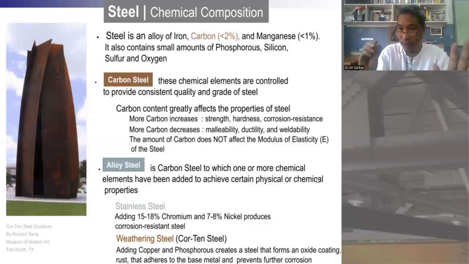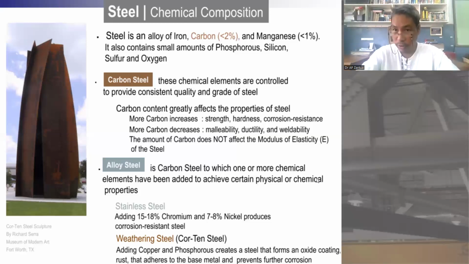The surface which has iron oxide or rust will continuously get separated, exposing a new surface which is again susceptible to corrosion. That is the normal thing.